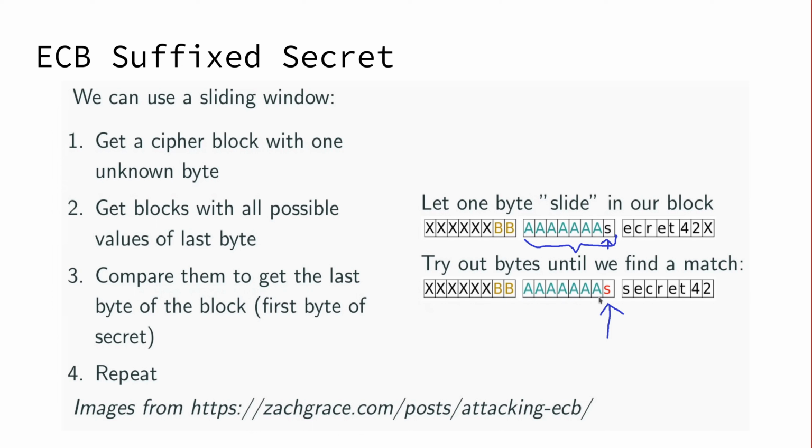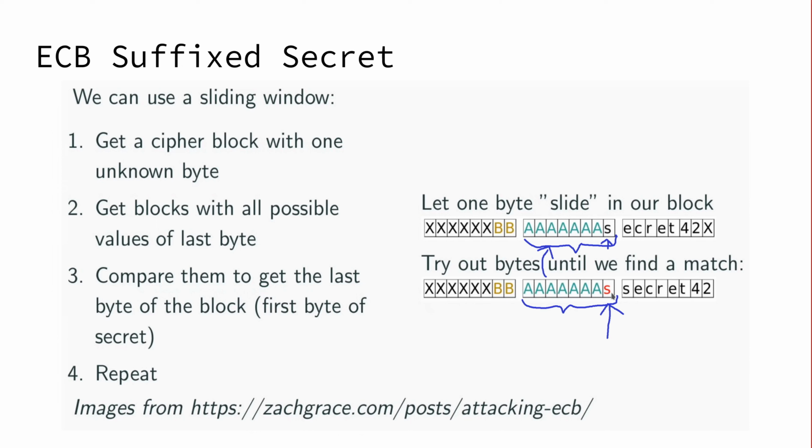And once we have found the correct byte value here, in this case S, the oracle will return the encryption of this plaintext block, which will be equivalent to this plaintext block. So we have now learned 1 byte of the secret plaintext that we weren't supposed to be able to see.